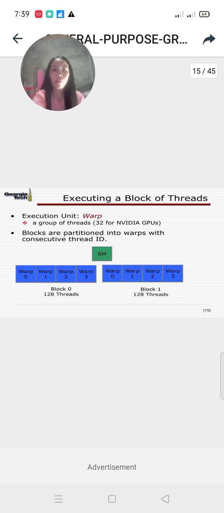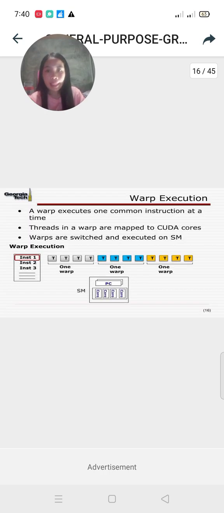Performance issue: low warp utilization. With if and else, some threads are idle. This is the branch divergence.